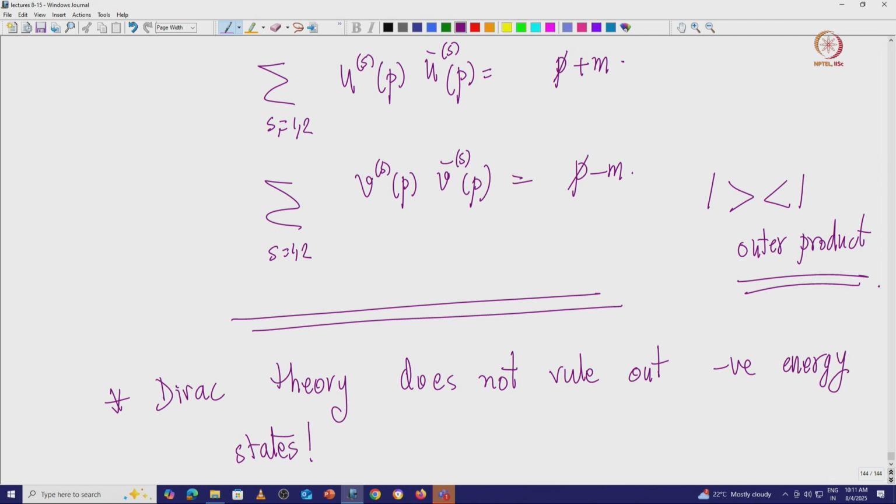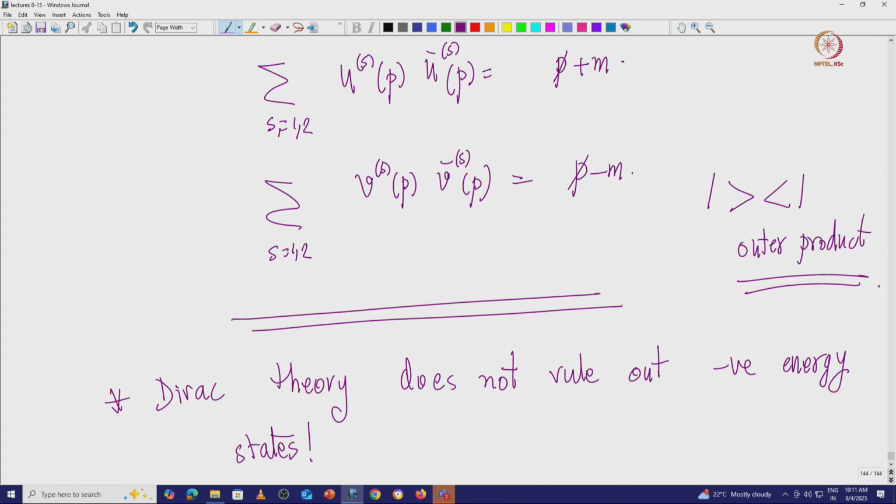So, in short, if you combine quantum mechanics and relativity, it is inevitable that relativity forces antiparticles on us.